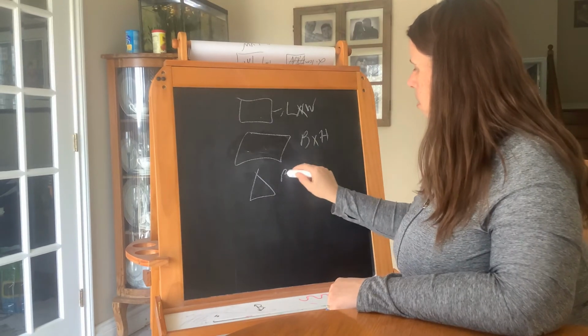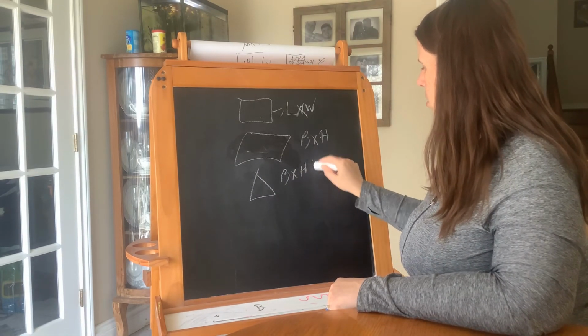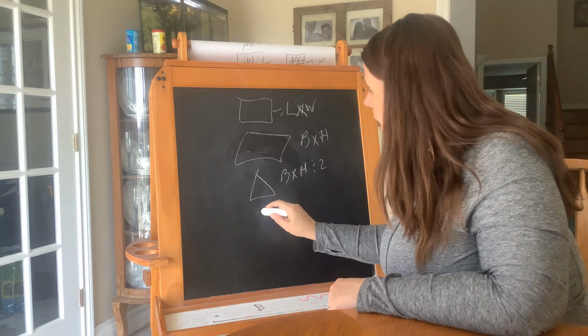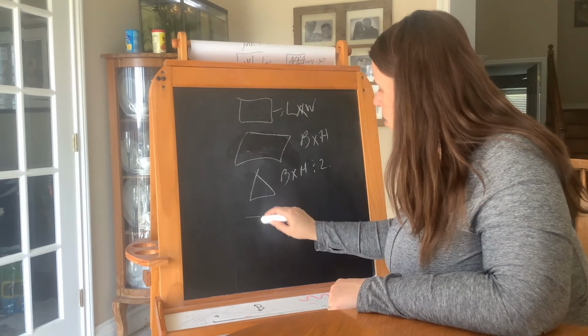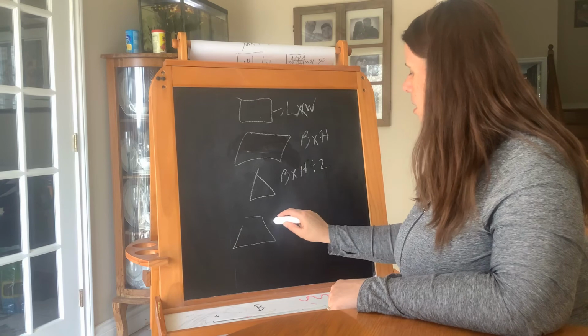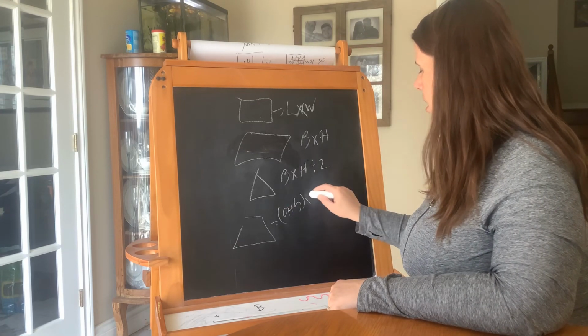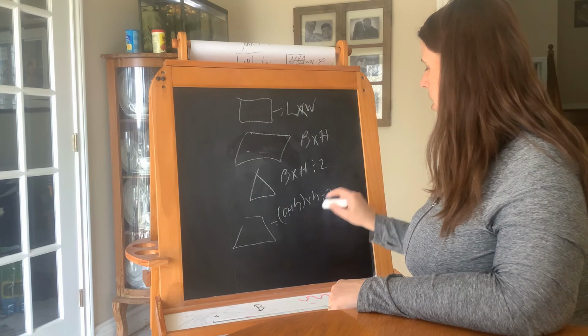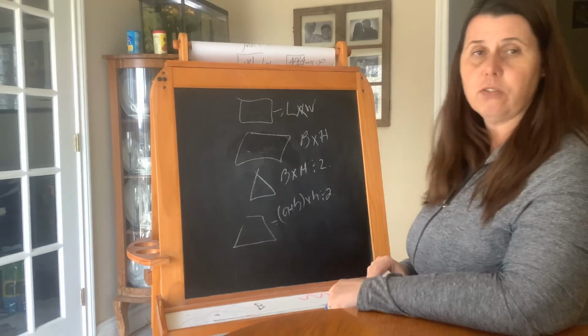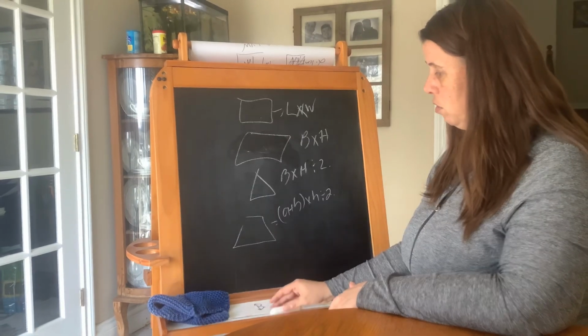Triangle, base times height divided by 2, and trapezoid is A plus B times H divided by 2, okay? Piece of cake. 4 different things for your test so far.